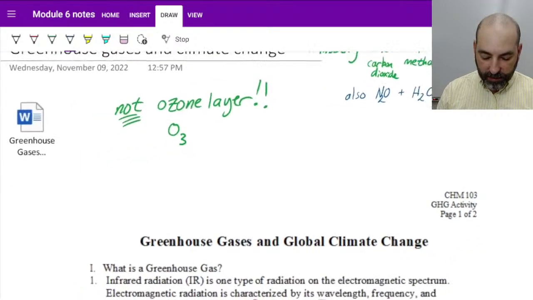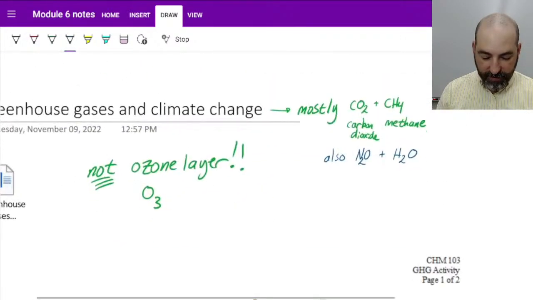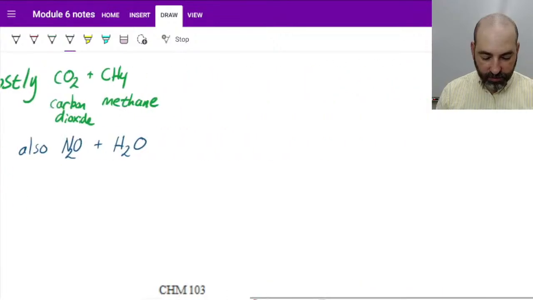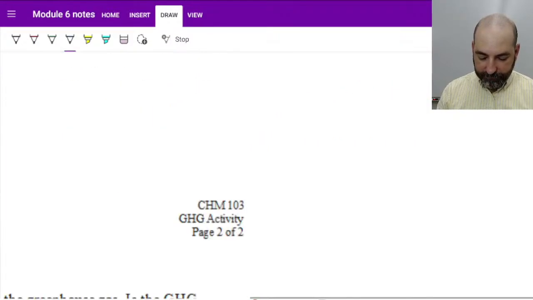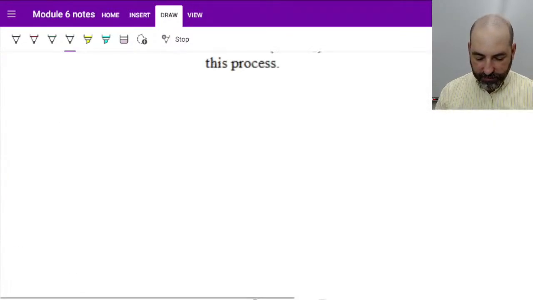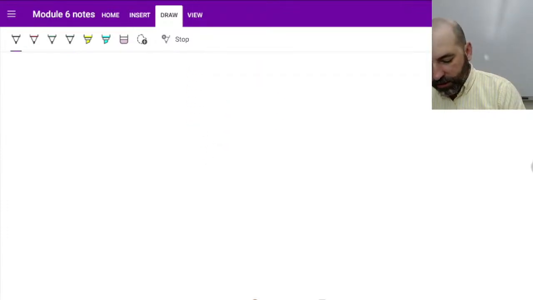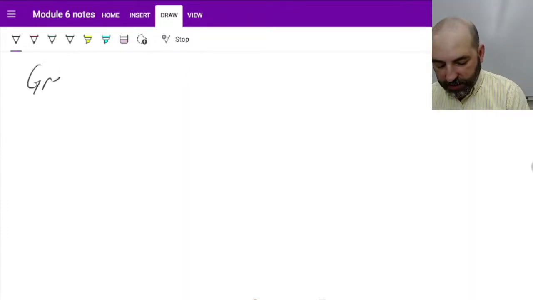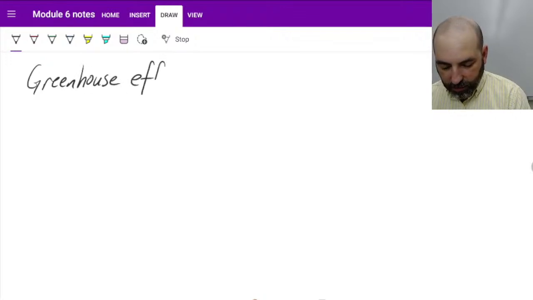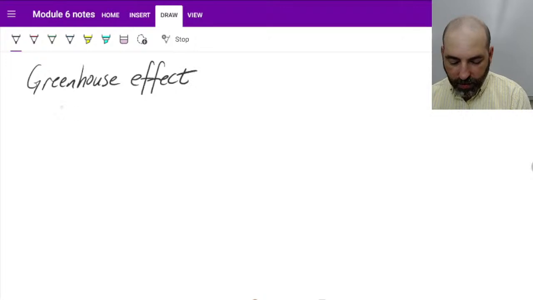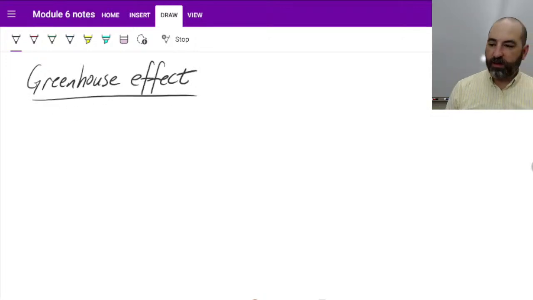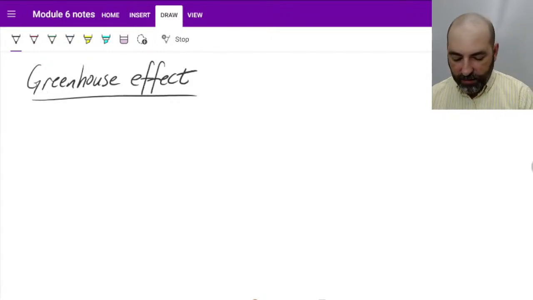The greenhouse effect, we'll just come back to this, is also often misunderstood, so let's clear that up as well. The greenhouse effect has been known for literally hundreds of years.